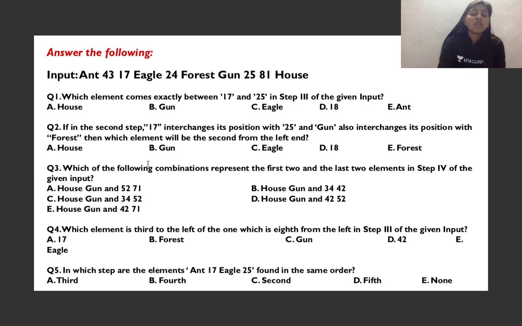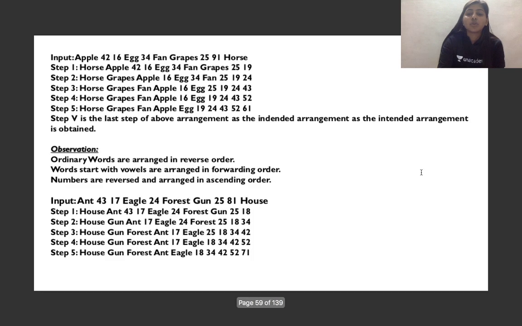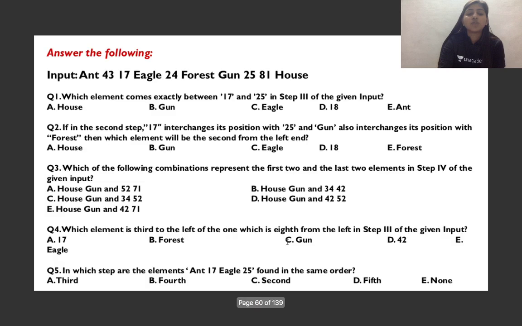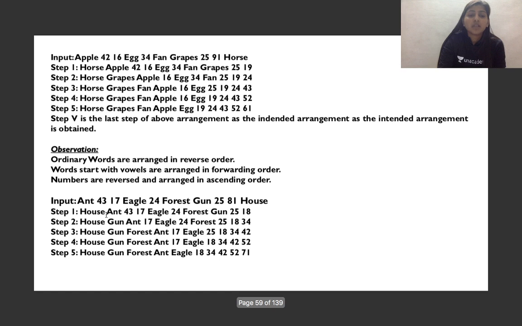Next question. Which of the following combination represent the first two and the last two elements in step 4? In step 4, first two is house and gun and last two is 42 and 52. So house, gun, 42, 52, option D. Question 4. Which element is third to the left of the one which is eighth from the left in step 3? Step 3, eighth from the left is 1, 2, 3, 4, 5, 6, 7, 8.